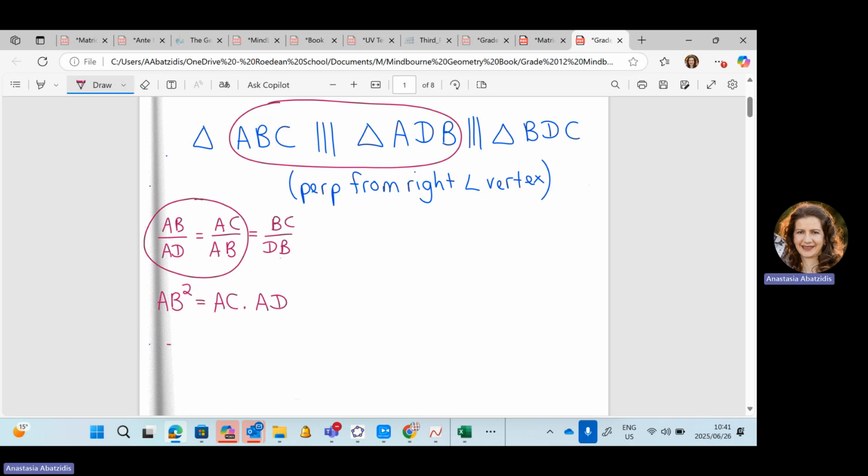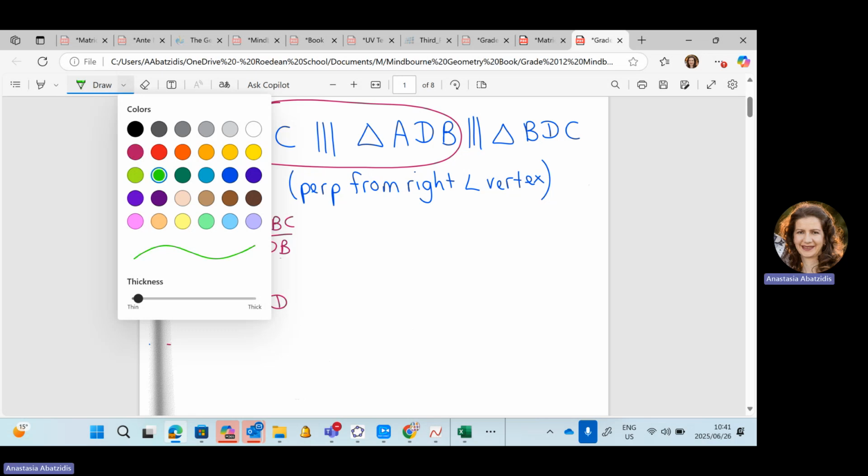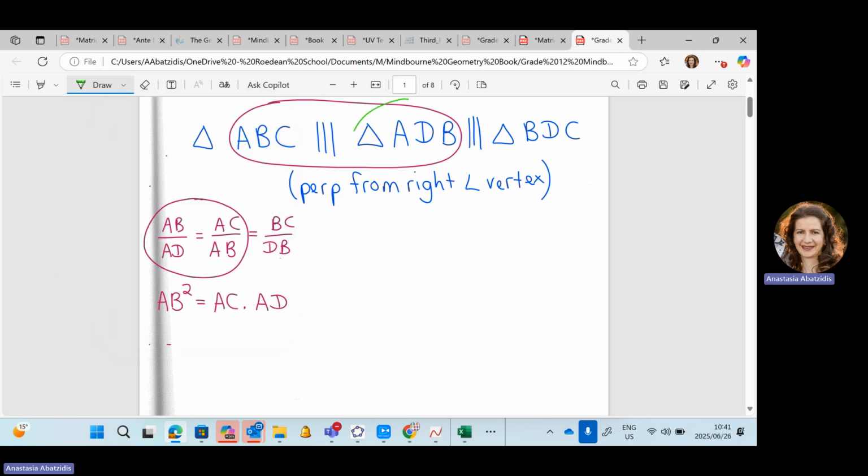Okay, Paige, using these two triangles, write the sides in proportion for me.